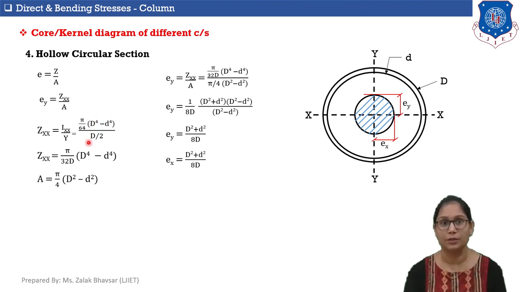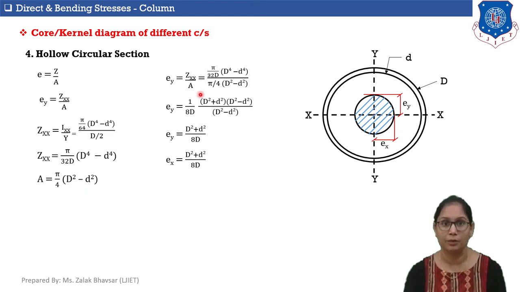And Y is equal to capital D by 2. So I am getting Zxx is equal to pi by 32D in bracket capital D raised to 4 minus small d raised to 4. Now area of this hollow circular section as we discussed is equal to pi by 4 capital D square minus small d square.